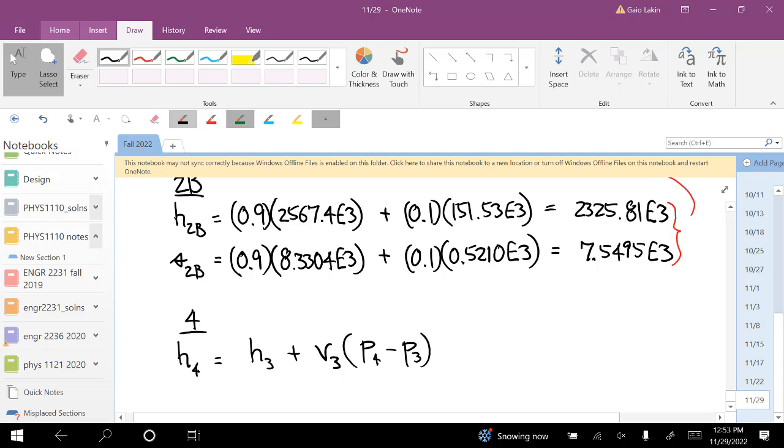We have all those values, and if you plug them in, you get that H4 is equal to 161.5 times 10 to the third.